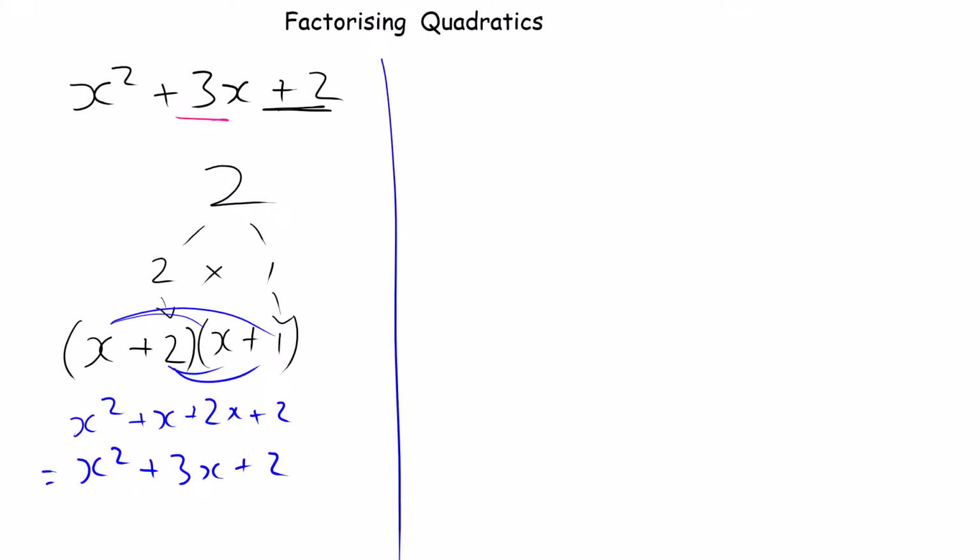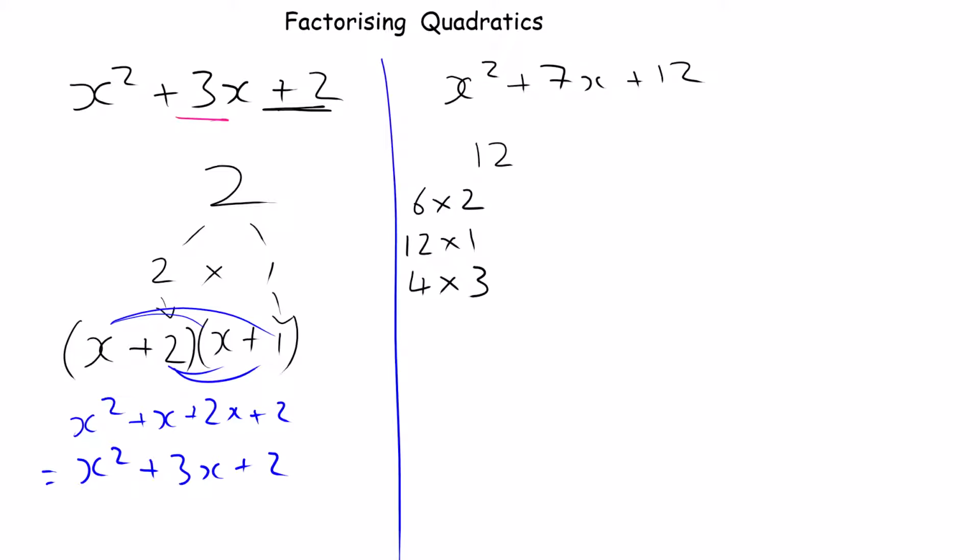If we have a look at a slightly harder example, x squared plus 7x plus 12. This time when we have a look at our factors of 12, we've got 6 times 2, 12 times 1, and 4 times 3.